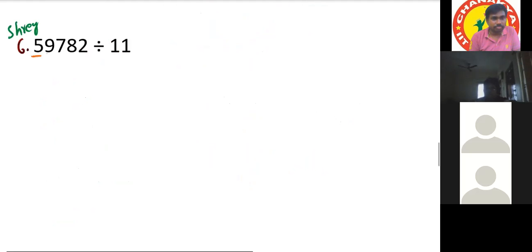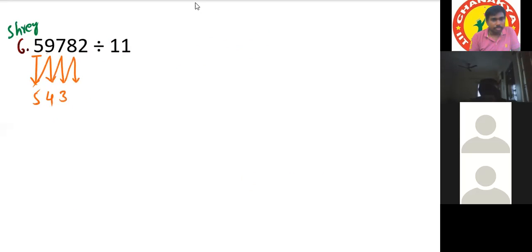Sir, 5 drop down. Now 9 minus 5 we can do, so it will be 4. Now 7 minus 4 we can do, it is 3. 8 minus 3 is 5. Now we cannot do 2 minus 5, so we have to cut that and make it 4, and borrow 1.